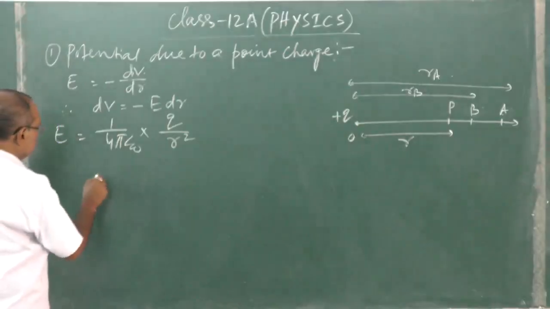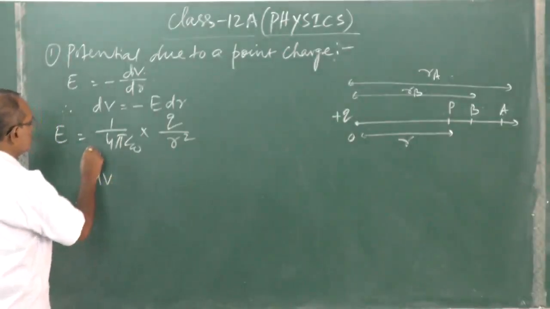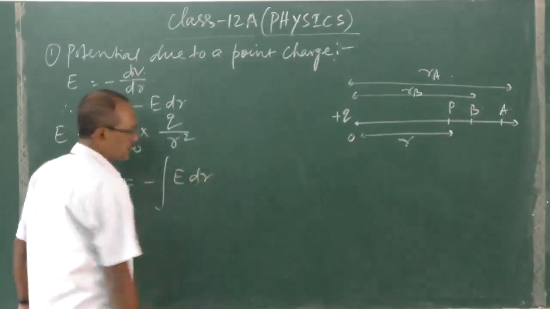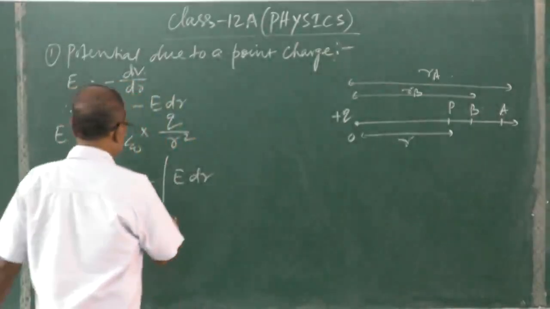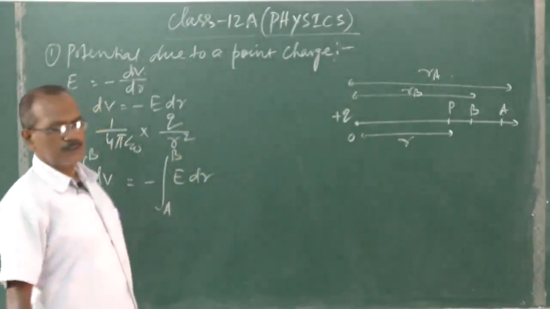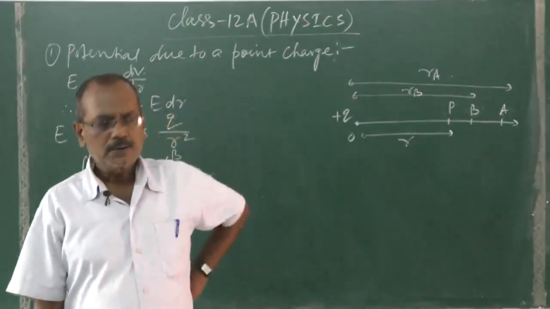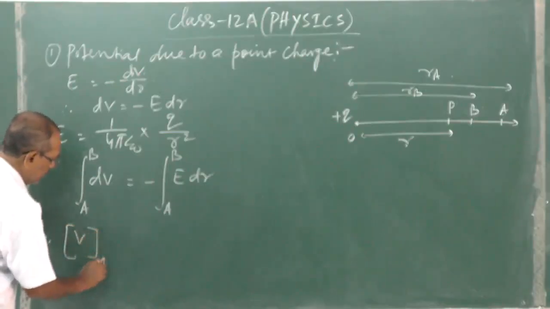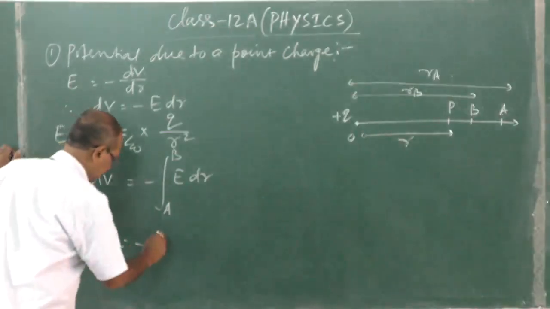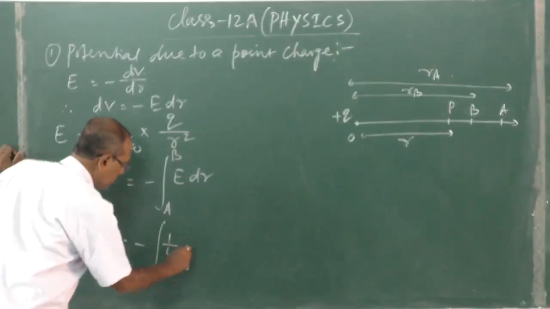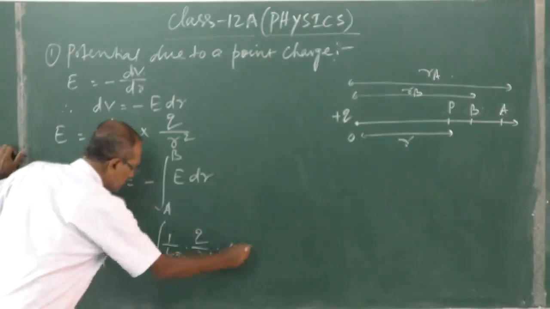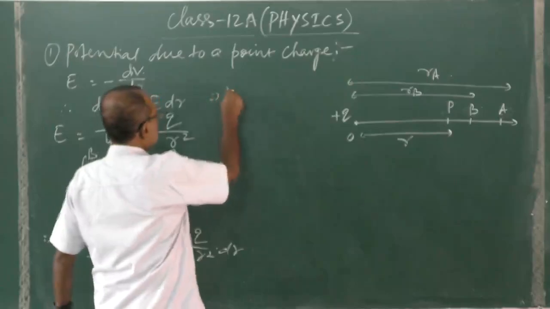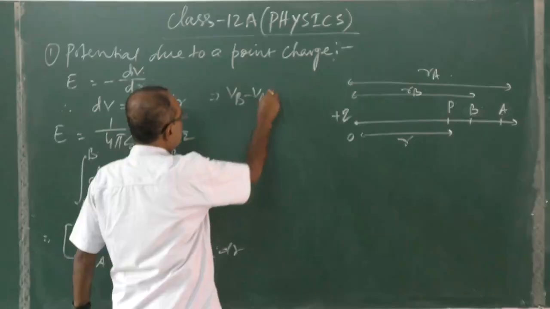So then we'll integrate this one. The integral of dV from A to B is equal to the integral of minus E dr from A to B. Now this will be V from A to B, equal to minus 1 by 4 pi epsilon naught Q by R square into dr, from A to B. This can be written as upper limit minus lower limit, VB minus VA.